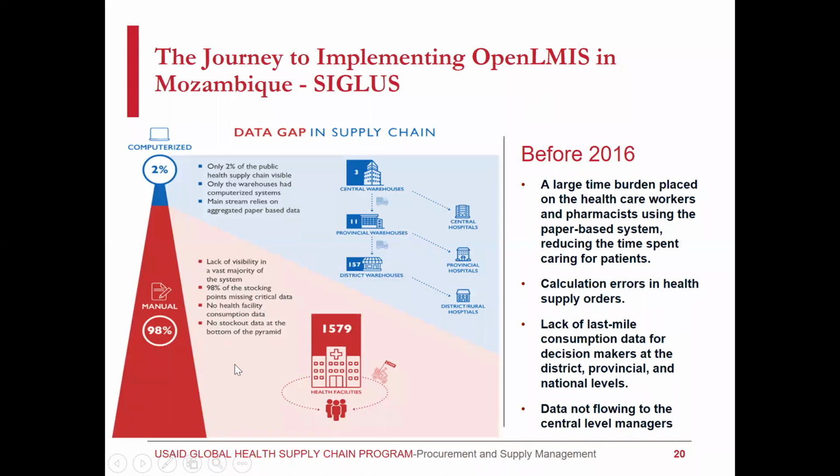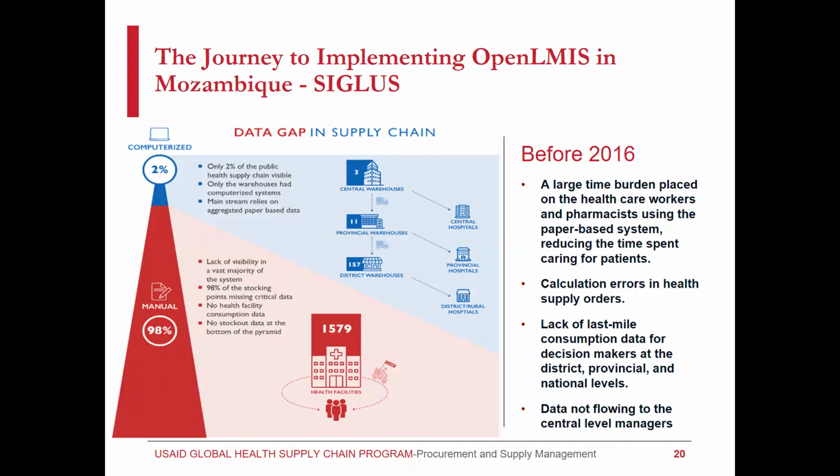So, in resume, before 2016, a large time burden was placed on the healthcare workers using the paper-based system, reducing the time spent caring for patients. Calculation errors in health supply orders. Since everything was done manually, the orders were always produced with many errors.